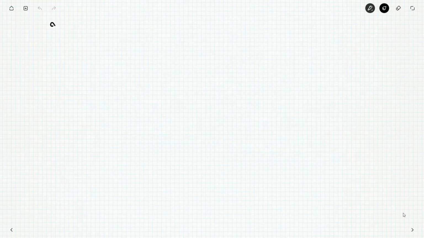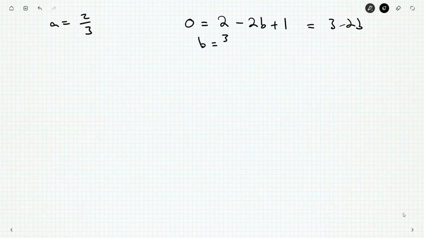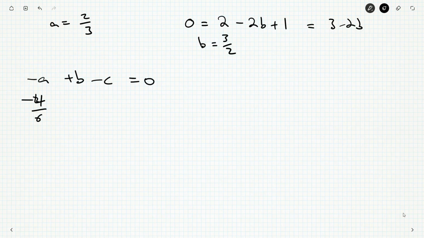So once again, a is going to be 2/3. And so 0 is 3a, so 2 minus 2b plus 1. So 3 minus 2b. So b is going to be 3/2. And now we have minus a plus b minus c is equal to 0. So that's 2/3. I'm going to make it 4/6. So minus 4/6 plus 9/6 minus c is 0.